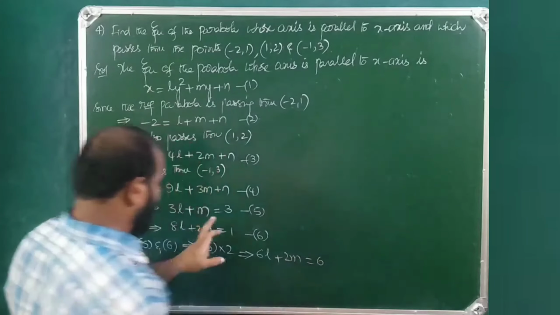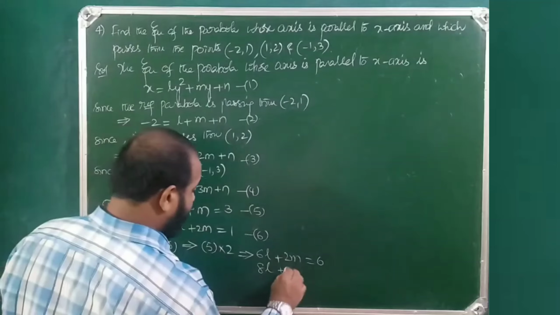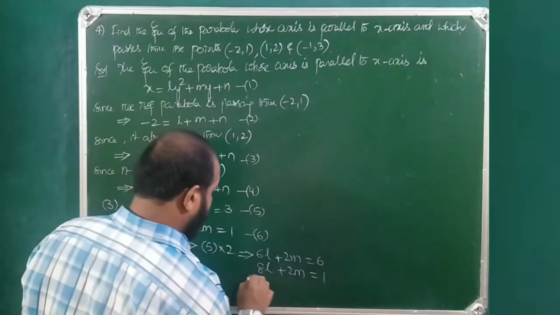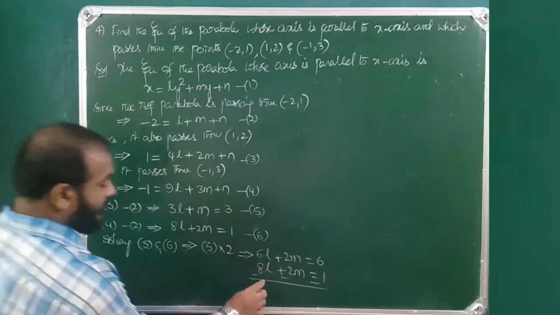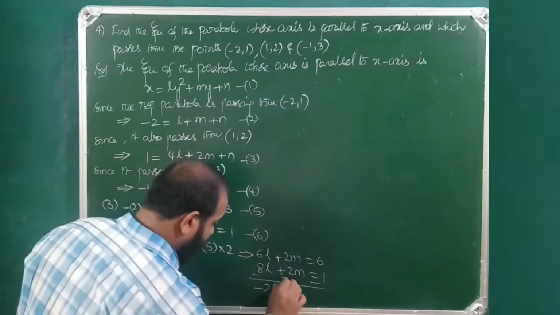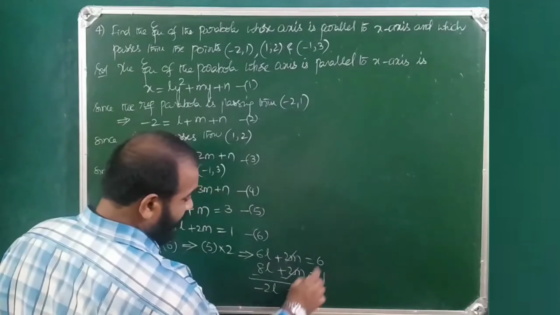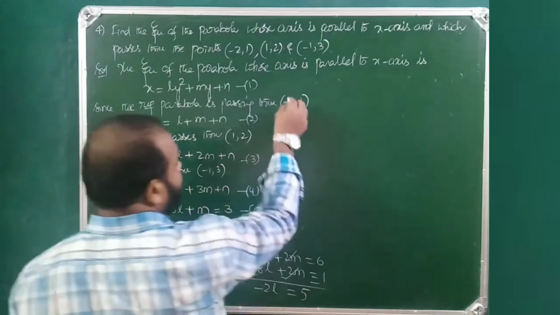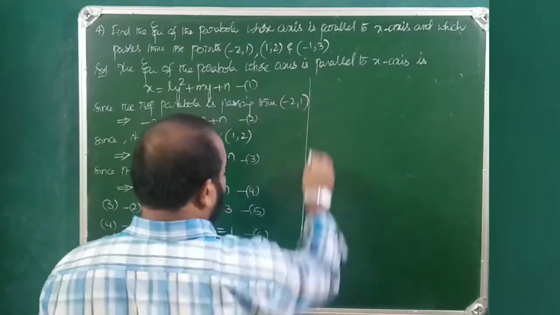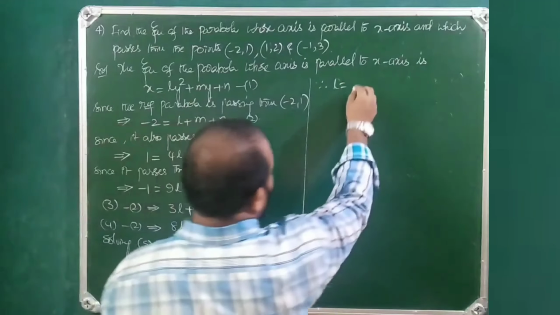The other equation is as usual 8L plus 2m equals 1. So on subtraction, 6L minus 8L is minus 2L, the 2m minus 2m gets cancelled, and 6 minus 1 is 5. Therefore, L equals minus 5 by 2.